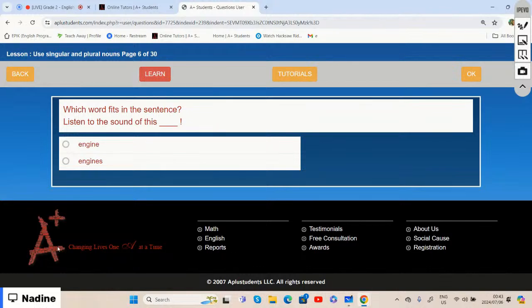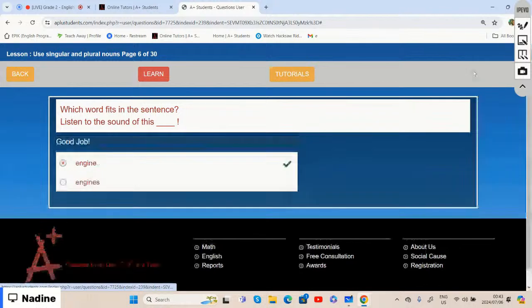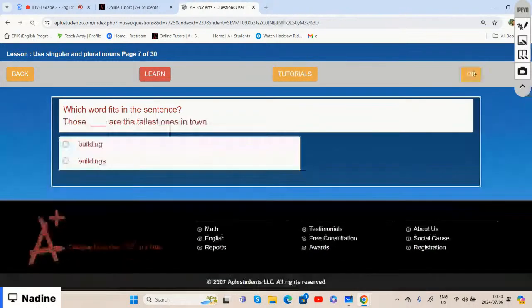So listen to the sound of this engine. We're referring to this engine, one engine specifically, right?